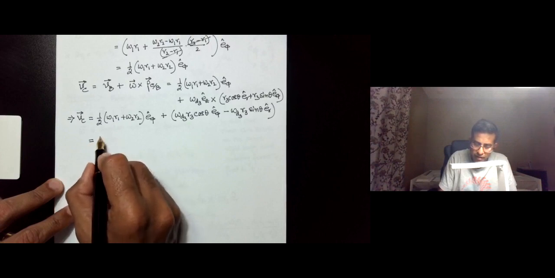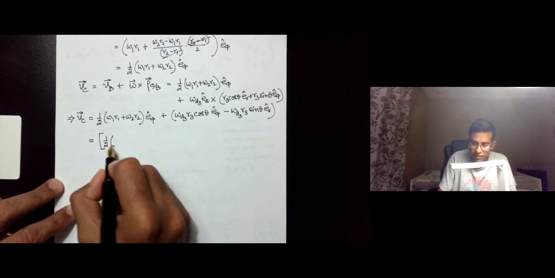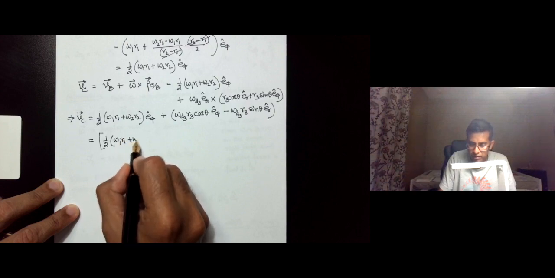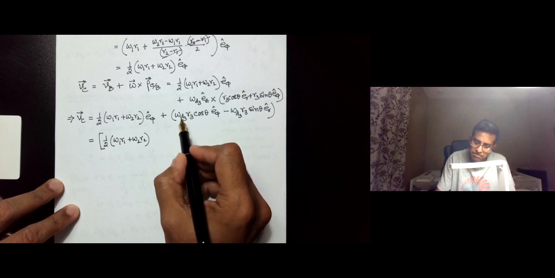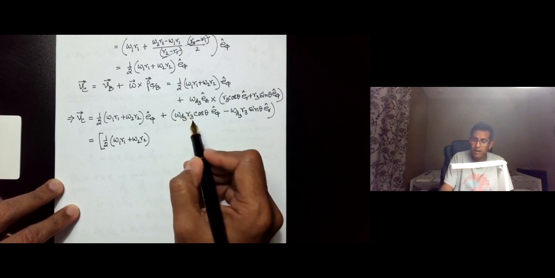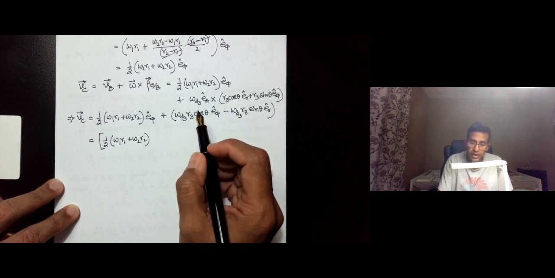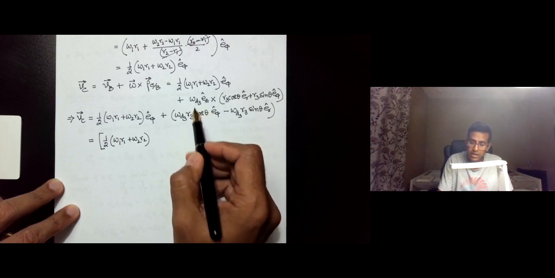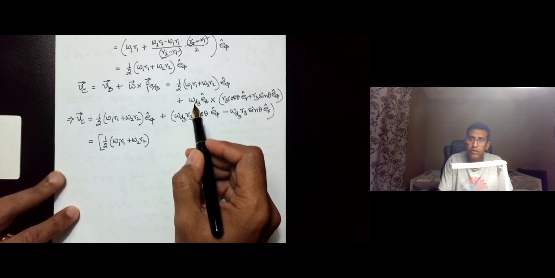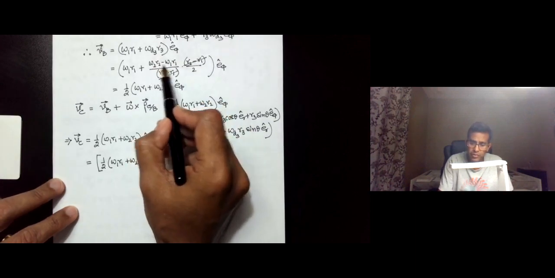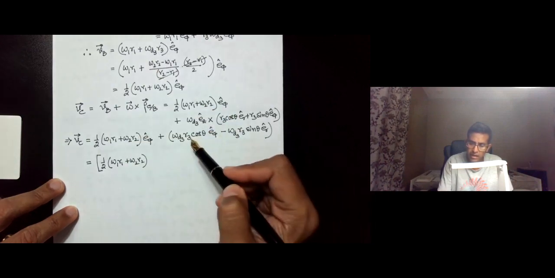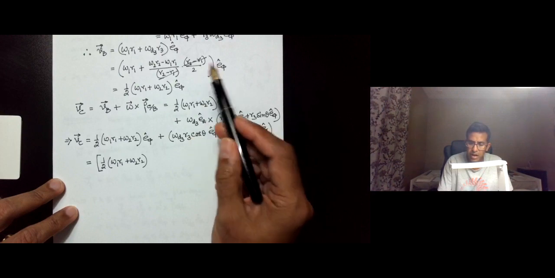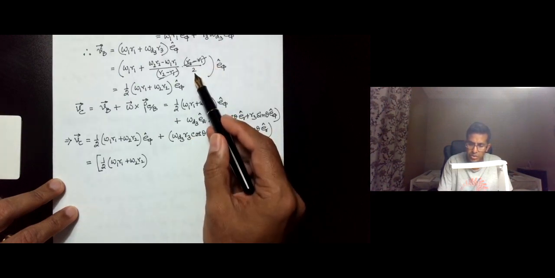So we now have the expression, we have half of omega 1 R1 plus omega 2 R2 plus omega d3 R3. Now if you recall, omega d3 is actually written here, omega 2 R2 minus omega 1 R1 divided by R2 minus R1, and R3 is R2 minus R1 divided by 2.